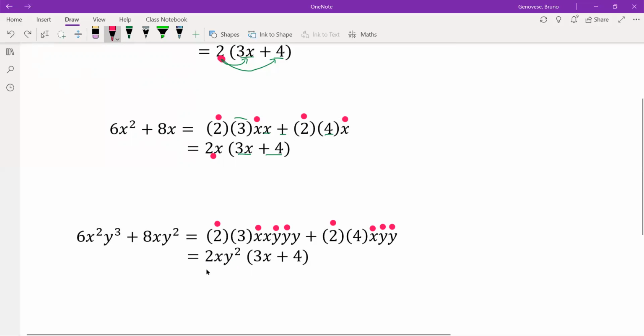So you have a 2, one of the x's, x to the power of 1, and then y times y is y squared. And once again, leaving the remaining parts, 3, the x, don't forget the plus sign, and the 4 as your uncommon remaining factor.